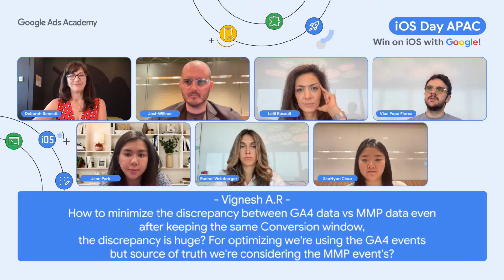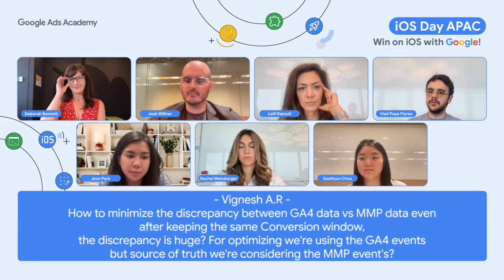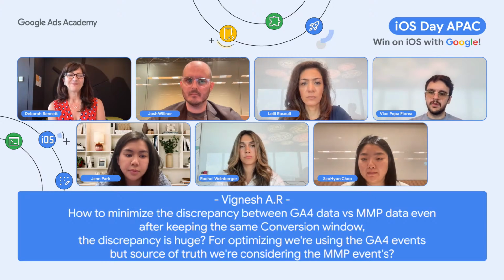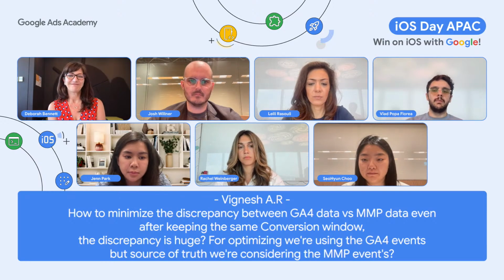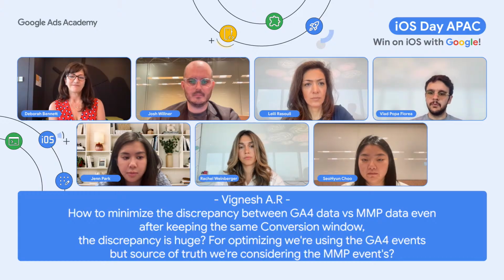I think just philosophically, Google Analytics and your MMP are never supposed to align fully, and there are natural discrepancies occurring between the two of them. The biggest difference between them is that your MMP actually provides cross-channel deduplicated attribution, so across other ad networks, whereas Google Analytics cannot provide that.